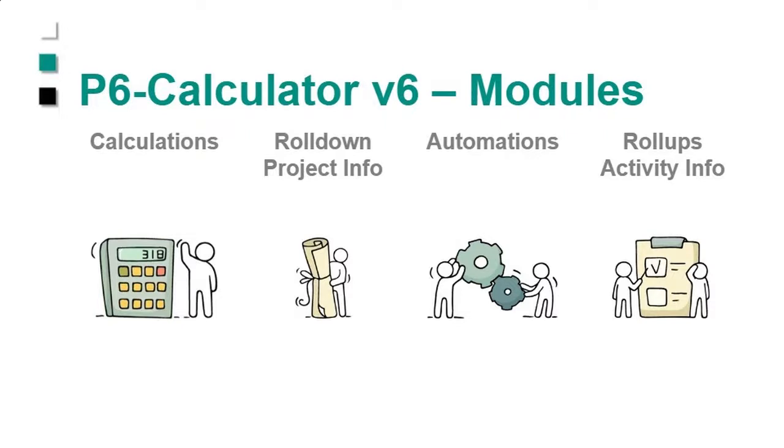And a roll-up. If you've ever used expenses and steps, you know those fields don't automatically go onto the activity. And if you put a user-defined field at the resource level, it doesn't automatically go to the activity. So we've automated that. It's what we call a roll-up. And those fields go all the way up to the project level if you want. That's just an automation of a data entry point.